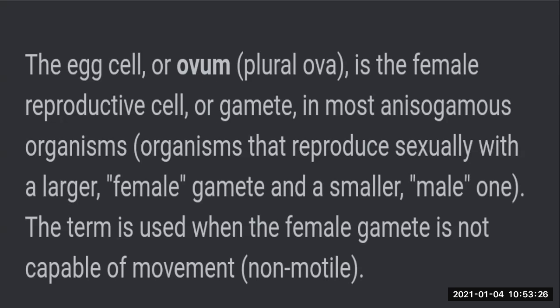The term is used when the female gamete is not capable of movement. The sperm travels towards the ovum, right? That's why we use the term anisogamous, where the male gamete is smaller than the female gamete, and the female gamete is non-motile. It stays at one place.